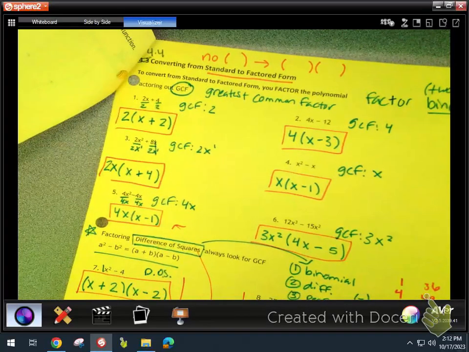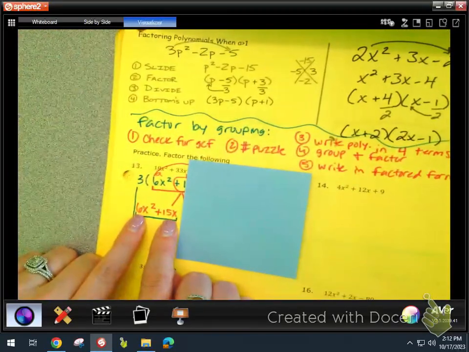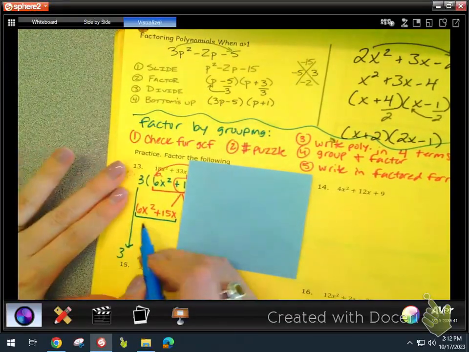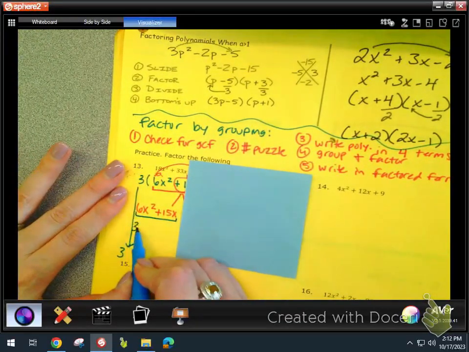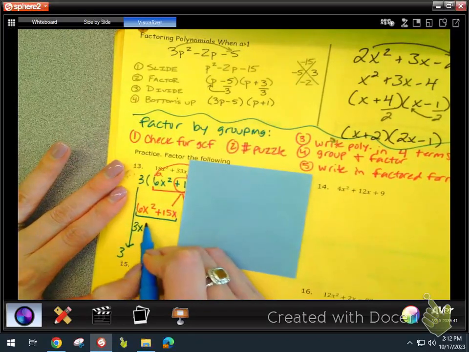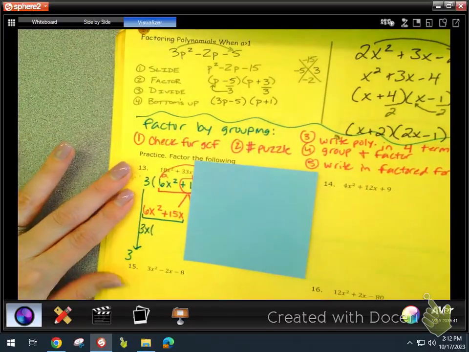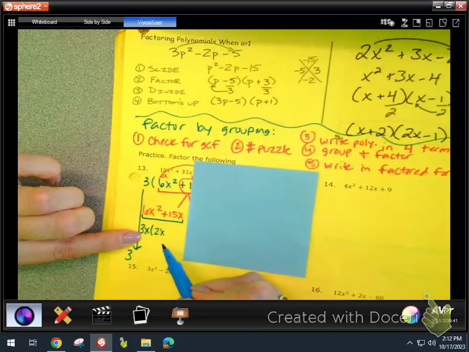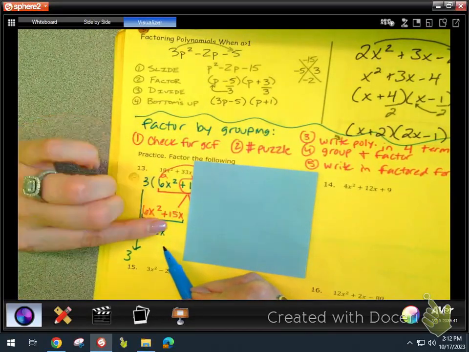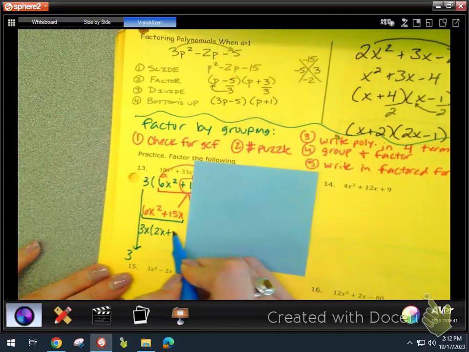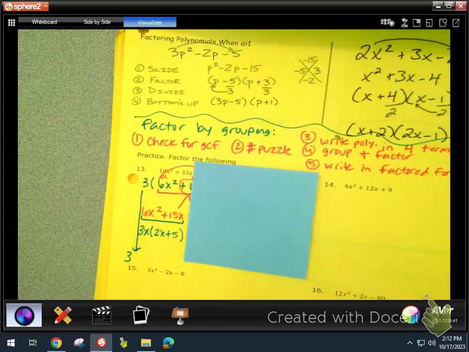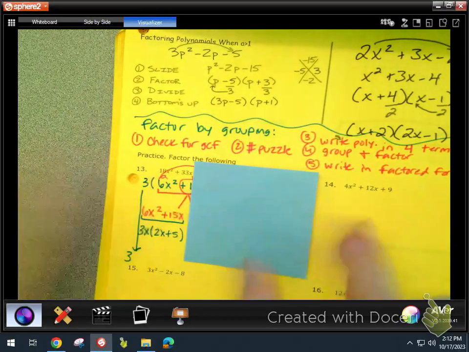A binomial, take out a GCF. So what can I take out of 6x squared and 15x? 3x. And when I take that out, what's left is 2x plus 5. 6x squared divided by 3x is 2x. 15x divided by 3x is 5. So it turns into just a little binomial that you're GCFing, okay?